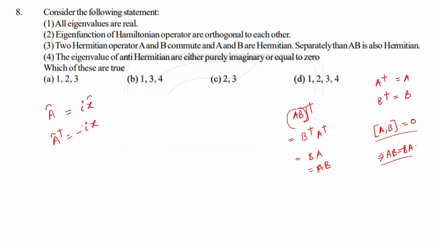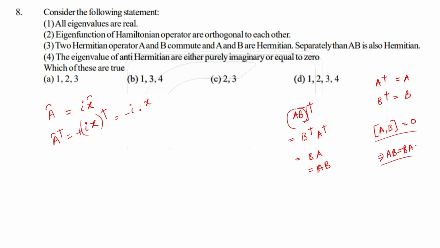I have jumped a few steps, so let me not. X dagger is going to be x, because x is Hermitian. Position is real, so you are always going to get a real value of position, right?